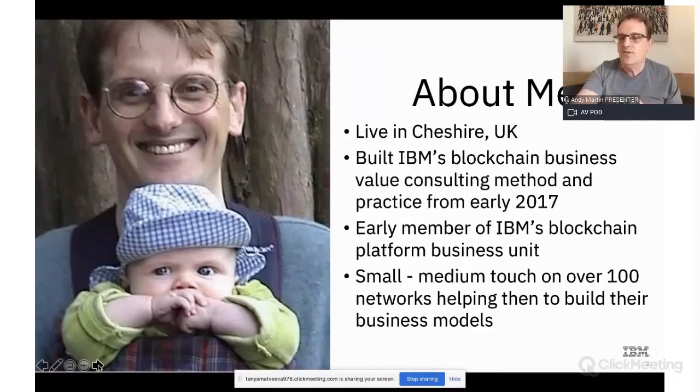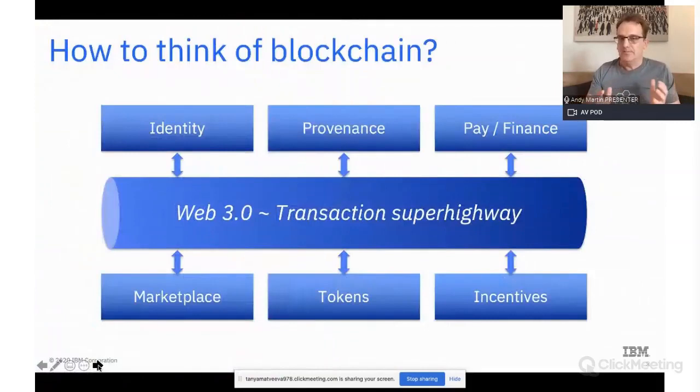So how should you start to think about blockchain? Well, it's not a bad thing to go back to 1995. And this was the first implementation of the Internet, Web 1.0, which gave us an internet of information.